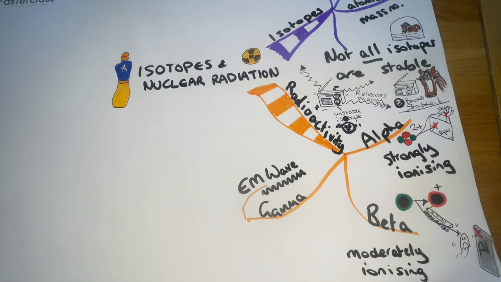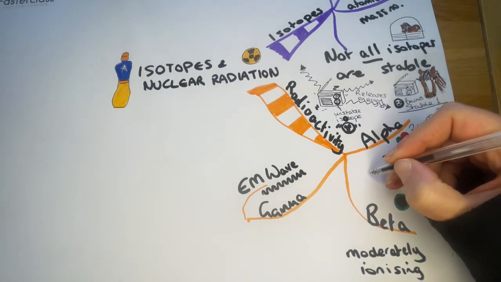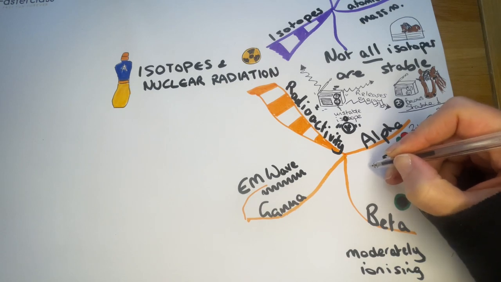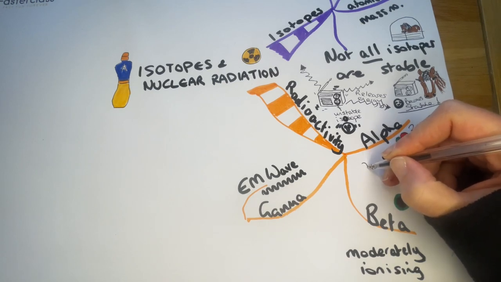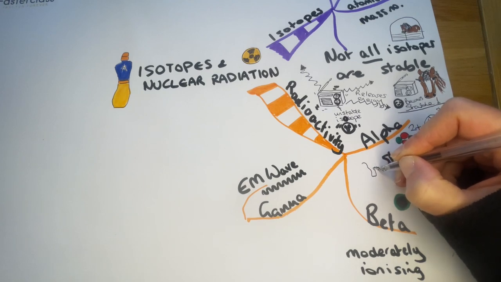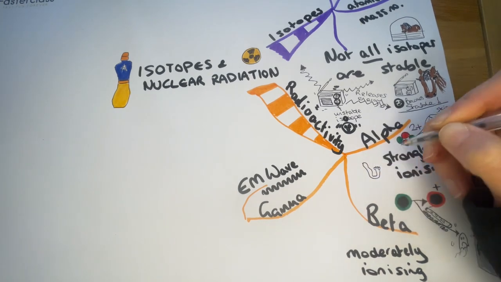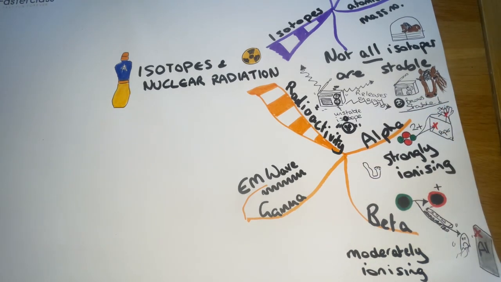Now, it's weakly ionizing. So actually, good point. Should we give this a strong arm? Alpha, should we give it a nice big muscle? Okay, that's not a hugely big muscle.